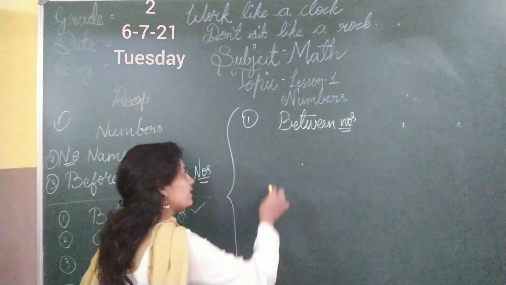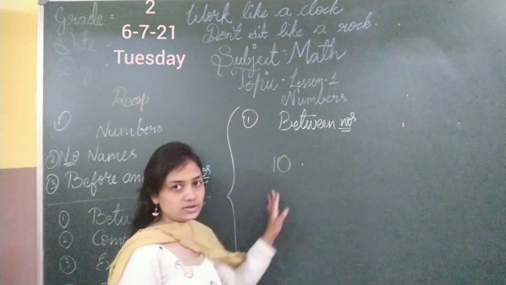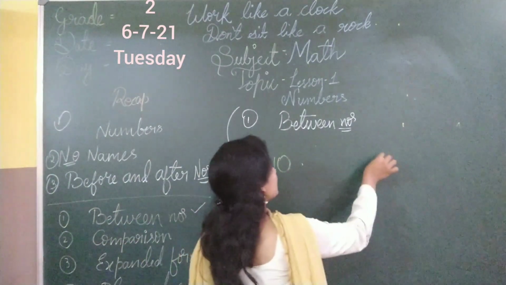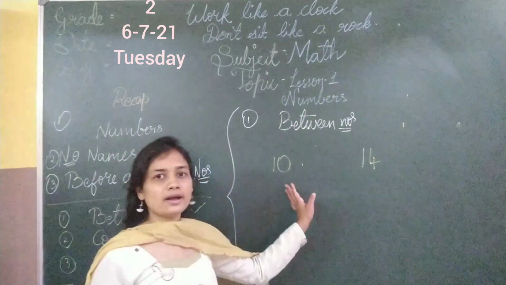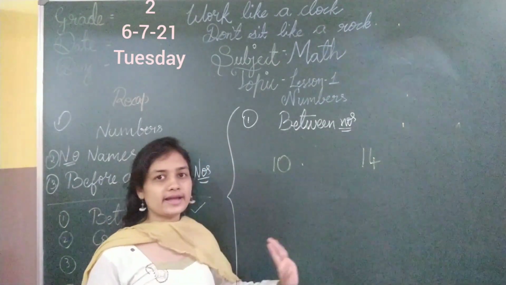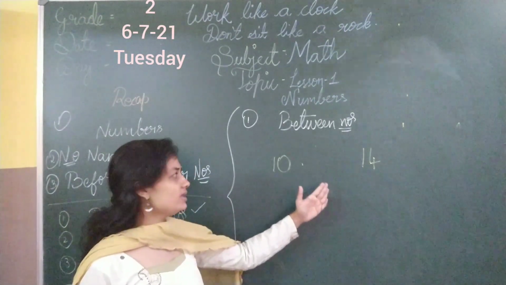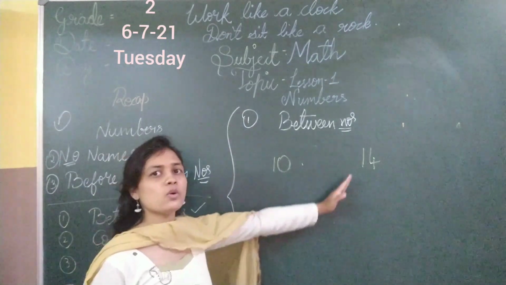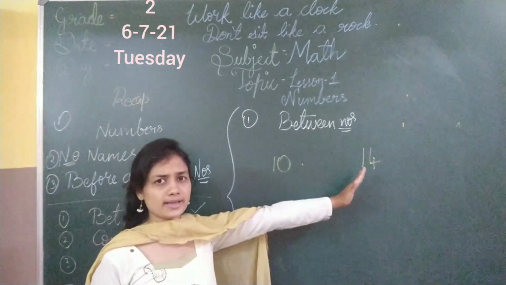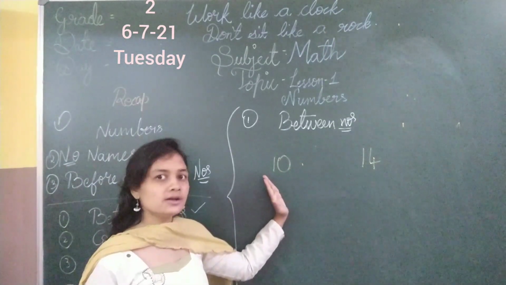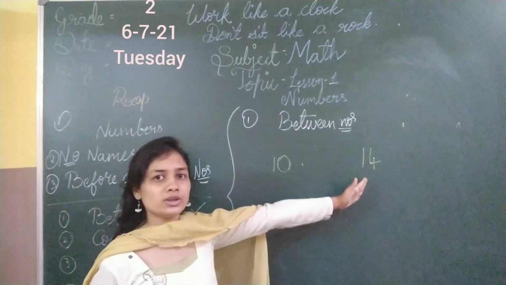So example, on one side I have 10 fishes and on the other side I have 14 fishes. Which side will the crocodile go? Will it eat 10 fishes or 14 fishes? You all know 14 is bigger than 10, right? So absolutely the crocodile wants to go and eat the 14 fishes.